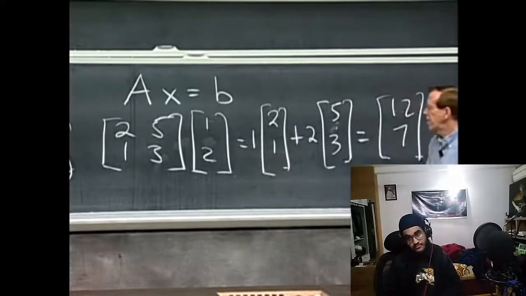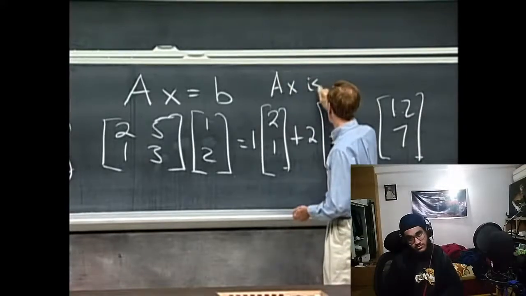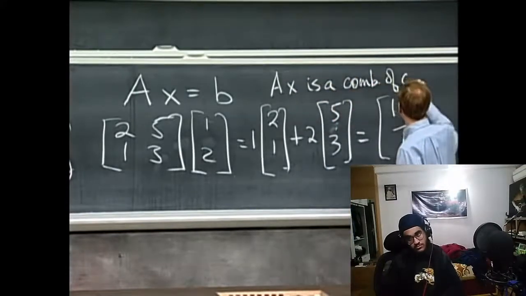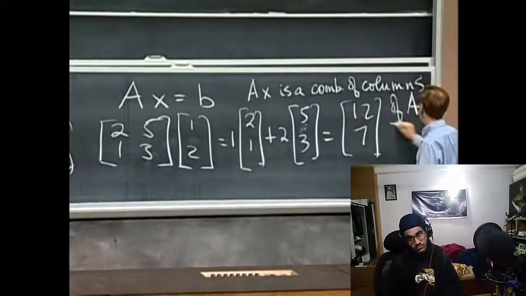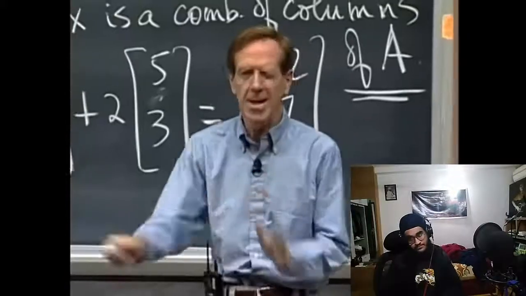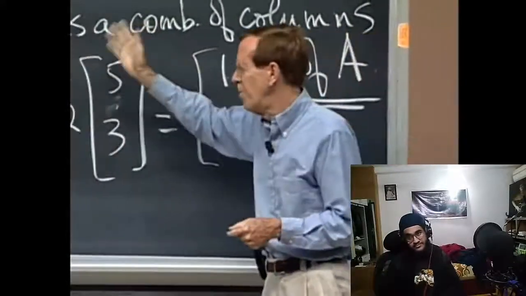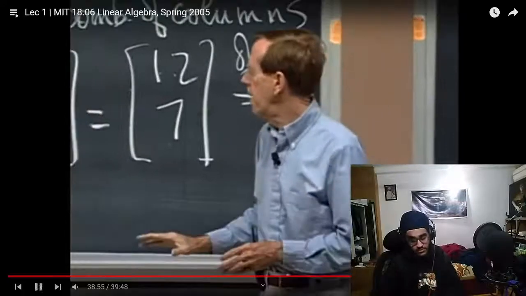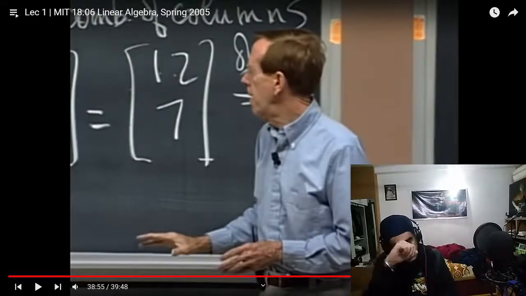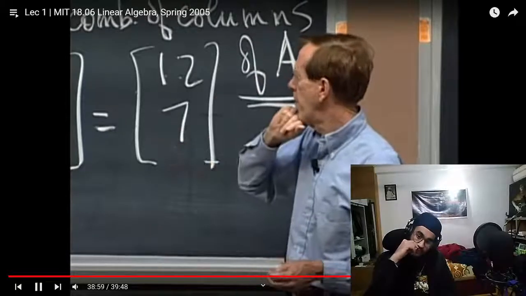I see this as a linear combination of the columns. So here's my point. A times x is a combination of the columns of A. That's how I hope you'll think of A times x when we need it. Right now with small ones we can always do it in different ways, but later think of it that way. Okay, so that's the picture for a 2x2 system.